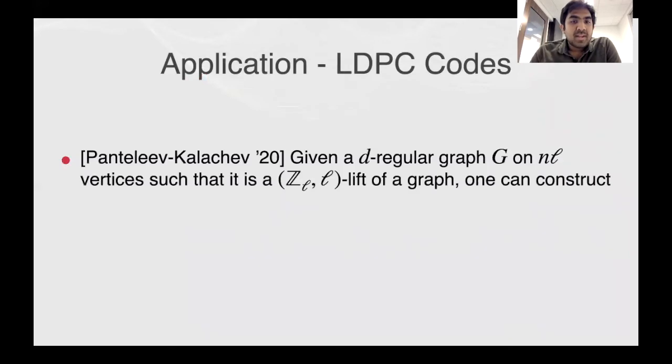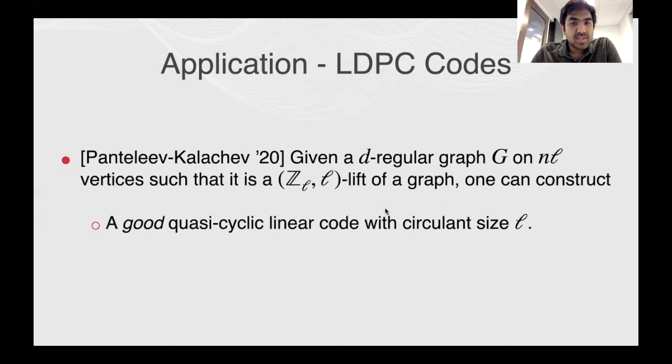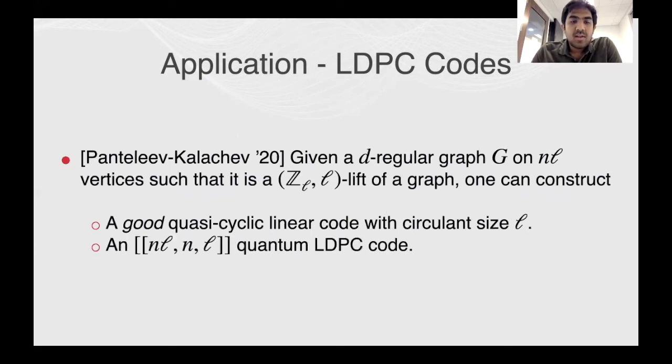And let's recall that in the work of Panteleev and Kalachev that I alluded to earlier, given a d-regular expanding graph on NL vertices, if the graph is a lift of a graph, or in general, if it has this symmetry of Z_L, then you can construct a good quasi-cyclic code, a linear code with circulant size L, and a quantum code with these parameters, where NL is the block length, N is the rate, and L is the distance.